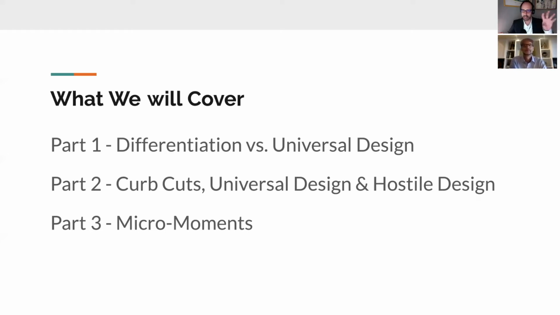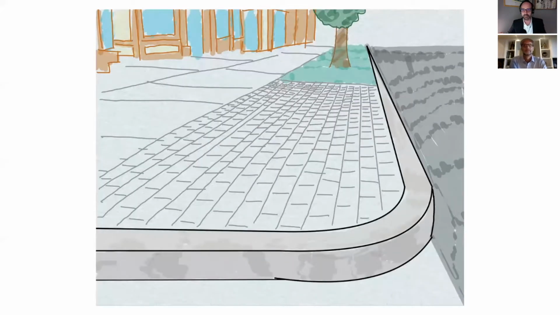There's a lot of theory, but there's a lot of practicality here that we're going to bring you. So I'm going to start off with just a bit of theory, and let's imagine this curb here. A curb cut is something that's used to slope the experience from someone trying to go from sidewalk level down to street level. As we can imagine, oftentimes when we're looking for an accessible solution, we can imagine a curb cut, but we do it in education in many cases on a case by case basis.